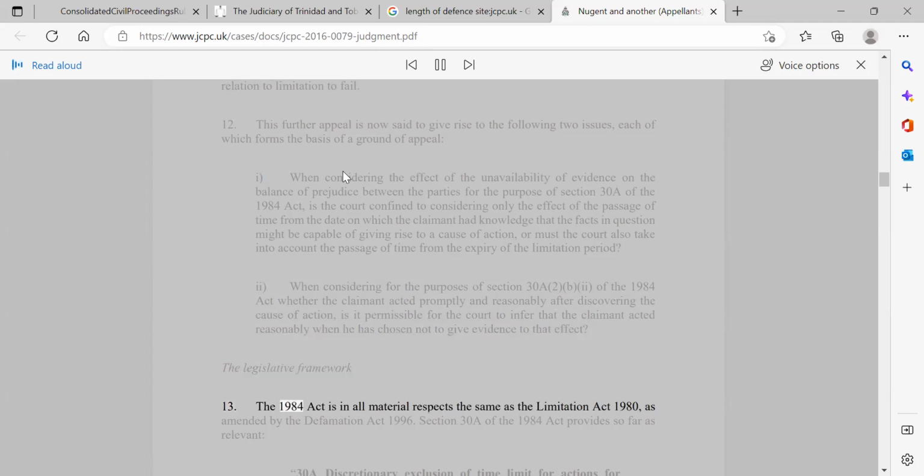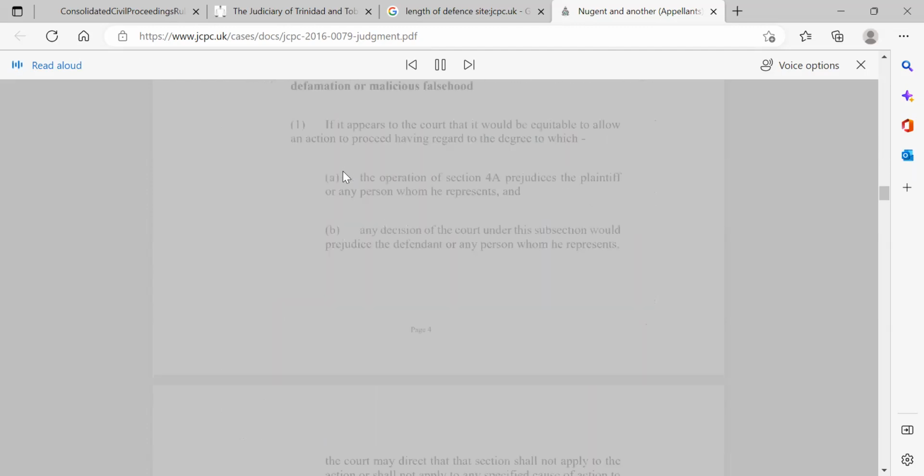13. The 1984 Act is in all material respects the same as the Limitation Act 1980, as amended by the Defamation Act 1996. Section 30A of the 1984 Act provides, so far as relevant: 30A. Discretionary exclusion of time limit for actions for defamation or malicious falsehood. 1.